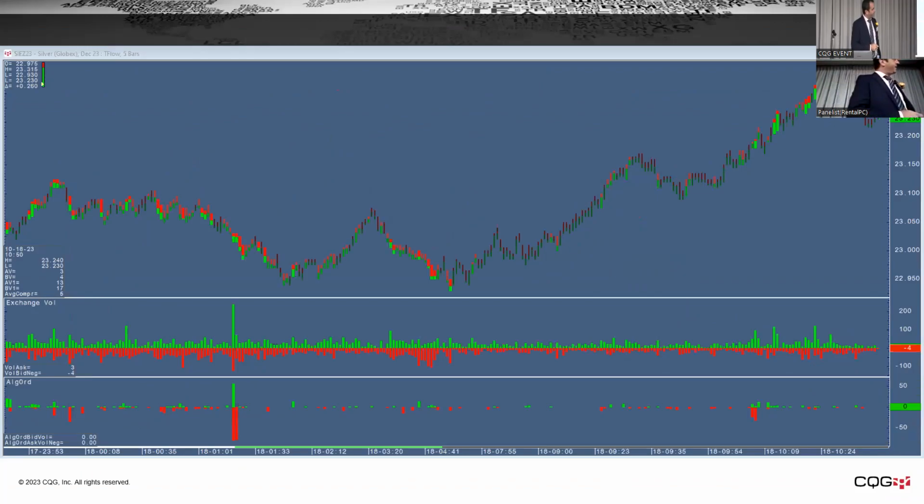We have a similar setup on silver. We've basically done a little bit of a change here because we're using an aggregated chart. So all we're doing is aggregating the volume of the buyers and the sellers over 5 bars, just to make it a little bit more compact.